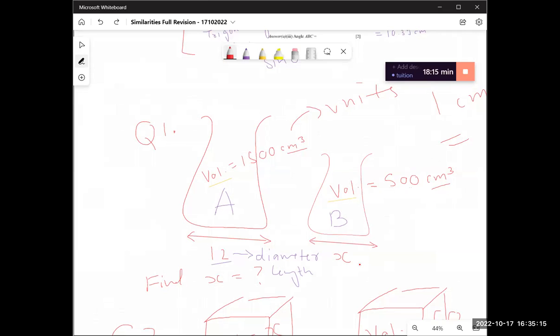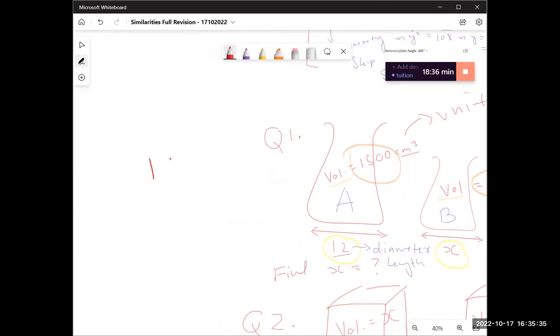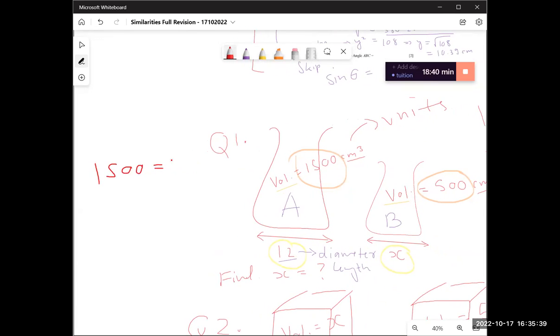And the diameter is? We don't have it, but we'll call it X. We do have it, but we don't know it. It's still there. It's called X. So the diameter goes with diameter, volume goes with volume. Is that clear? So I'll form two equations here. 1500 is equal to K cube times 500.